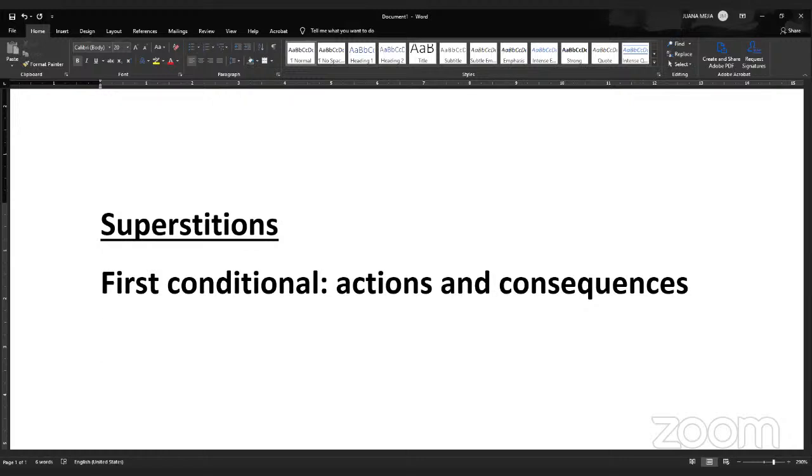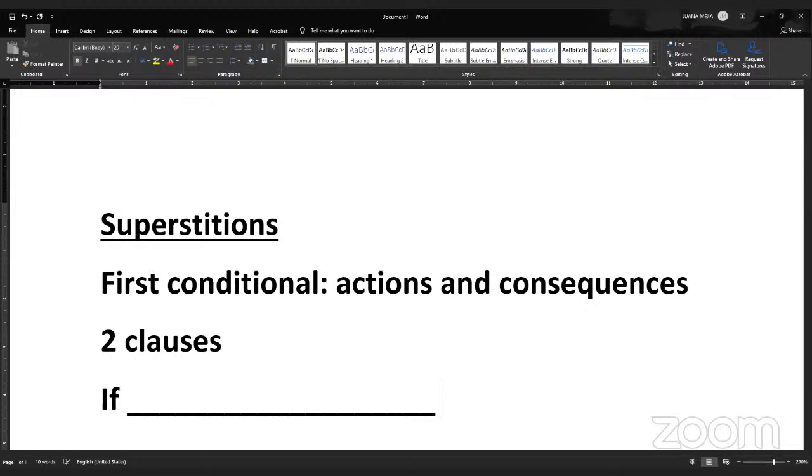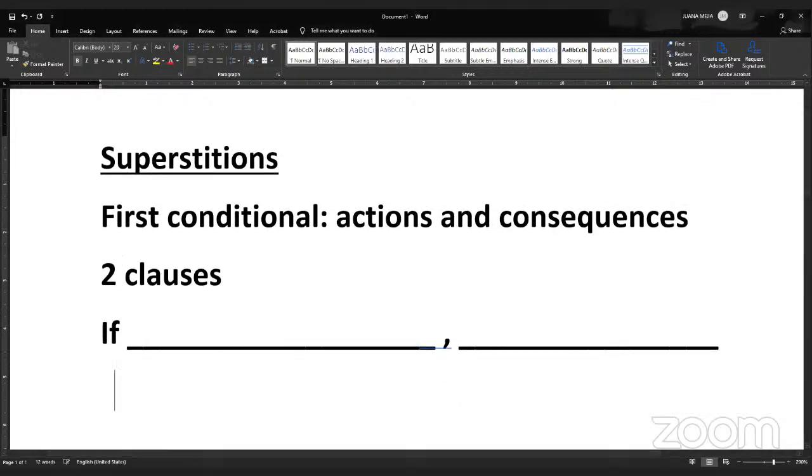Now, the structure of the first conditional, look at this. Once again, we have two different clauses. Clause number one, if. Both clauses are separated by a comma.